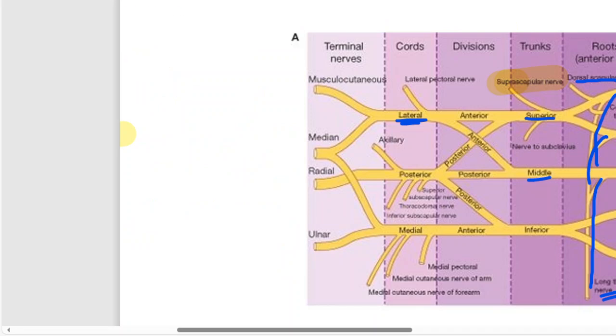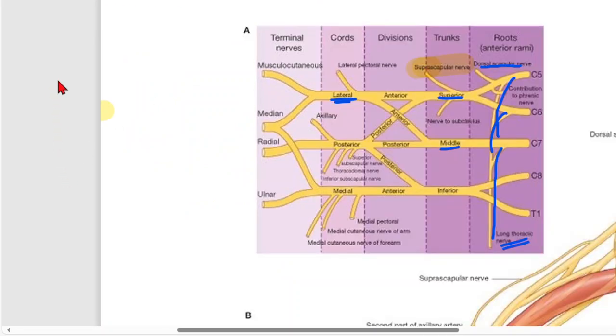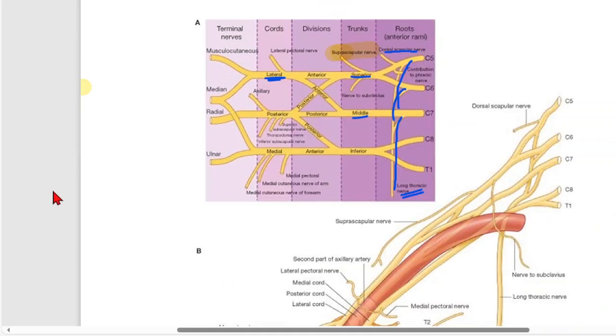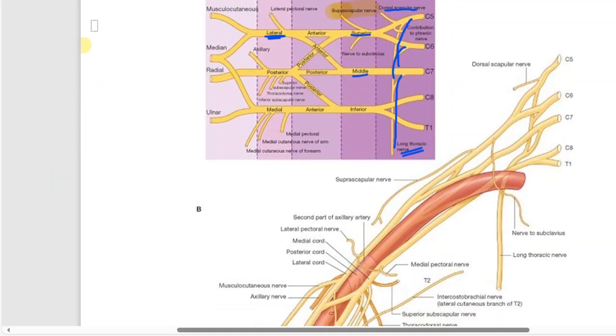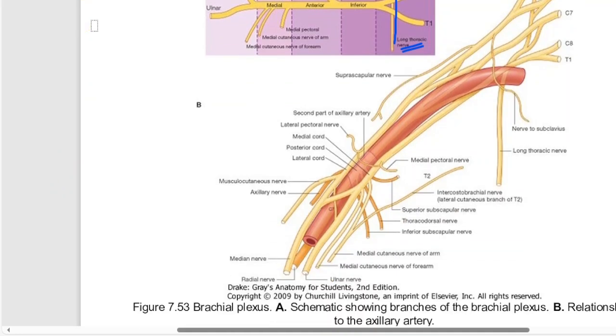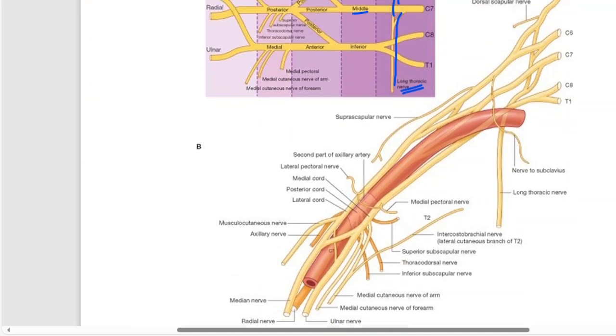Now we will explain why it is called the lateral cord or medial cord, etc. Okay, so about this we discuss something. So these are actually the roots C5, C6, C7, C8, T1. They are present in the axilla. They come here, and there is the dorsal scapular nerve and the long thoracic nerve.